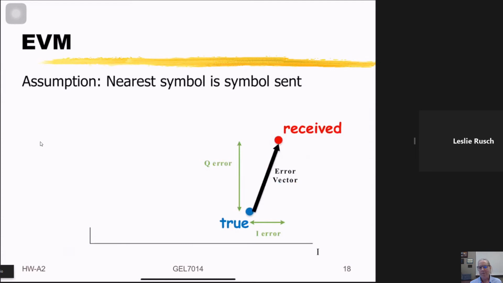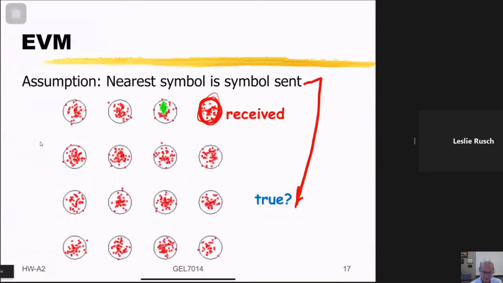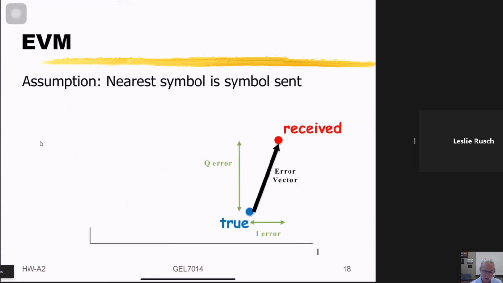So here's the idea. Inside of this cloud that I drew here, there's the center point, which is what I believe the receiver is, like what was sent. So I put that as my true one. I assume the true one is the closest one. And then I have this red cloud, which was around the nominal center of the cloud, the nominal transmitted point.